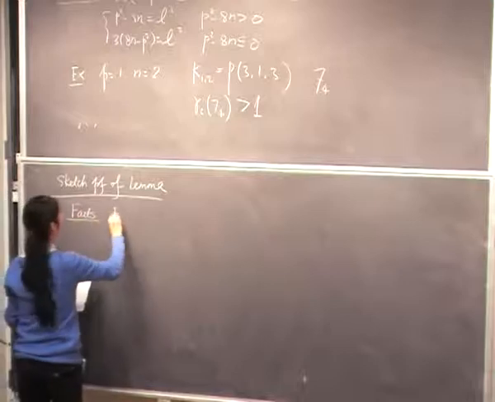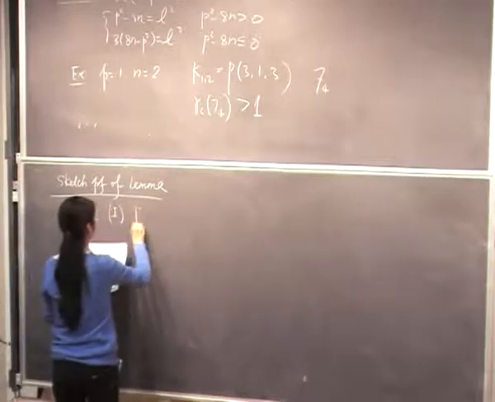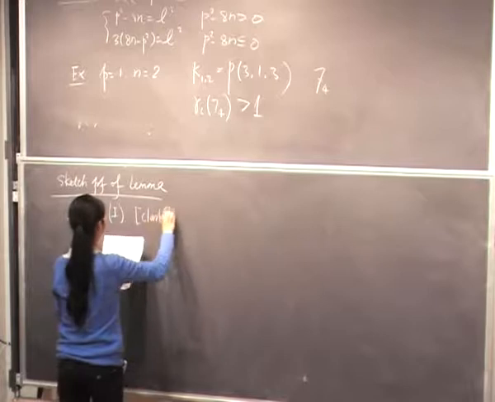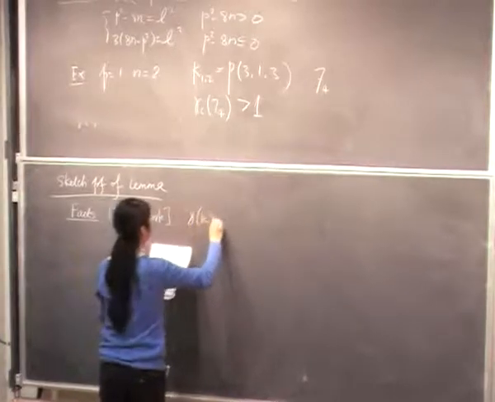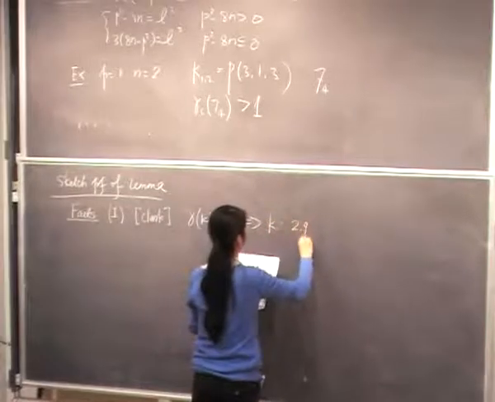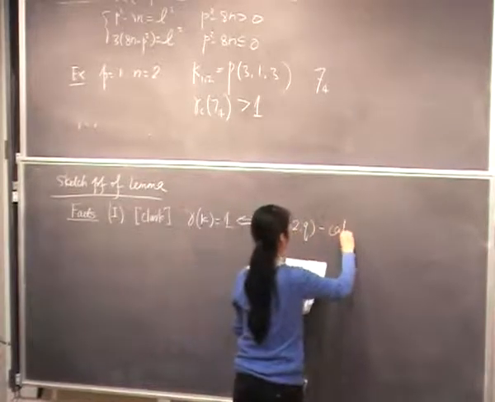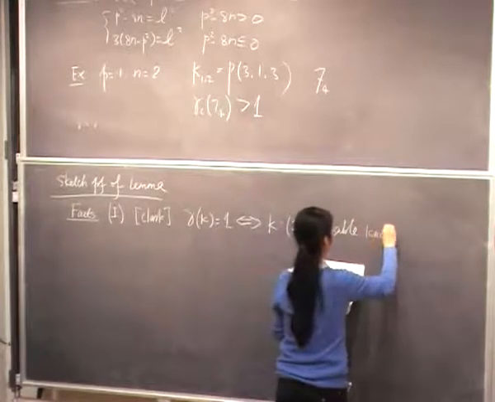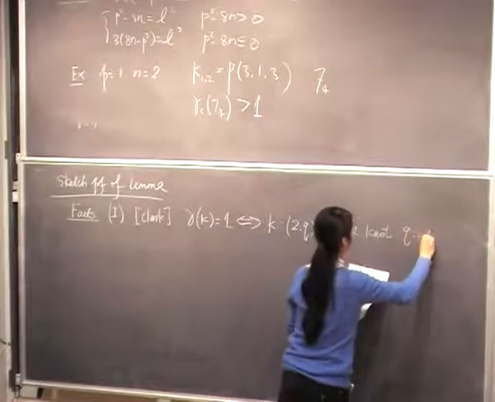Fact 1, due to Cochran: gamma of K is equal to 1 if and only if K is a 2q cable knot. And here q is an odd number.